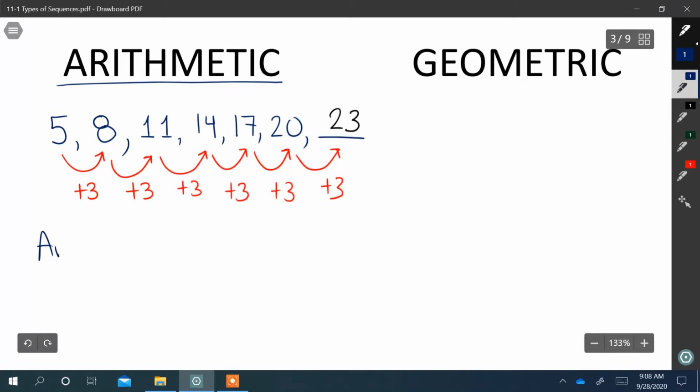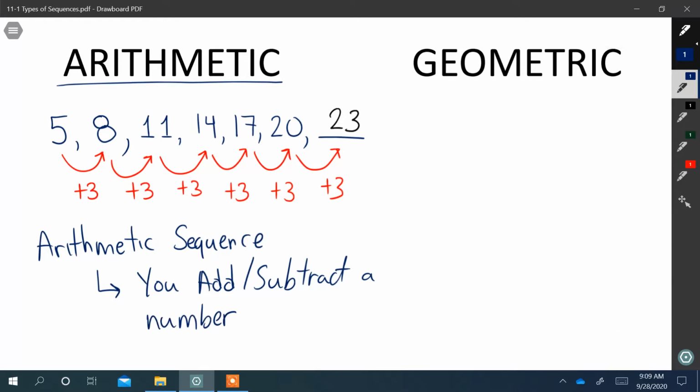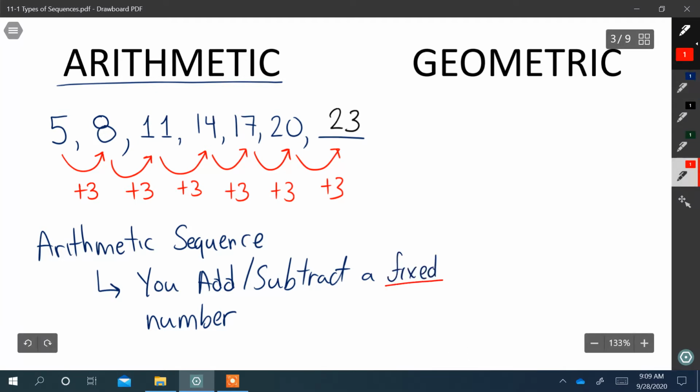So for arithmetic sequences, you add, or you could even subtract a number, and we call this a fixed number. Now that fixed number has a name.